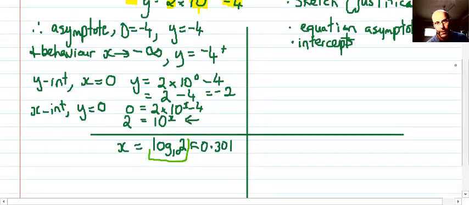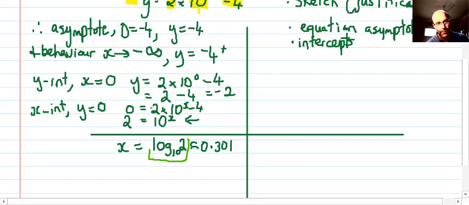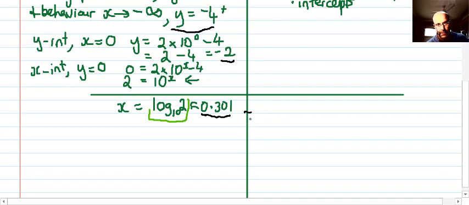So switching over to a different color, we've got some points here. We have the x-intercept, we have the y-intercept, and we have the equation for the asymptote. And so if we look at our graph, which I've drawn over half of it already, we've got -1, -2, -3, -4. We've got our asymptote there, so let's draw that in.